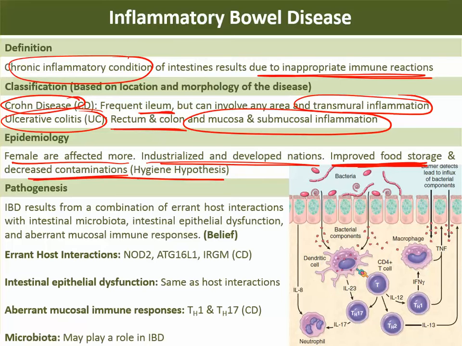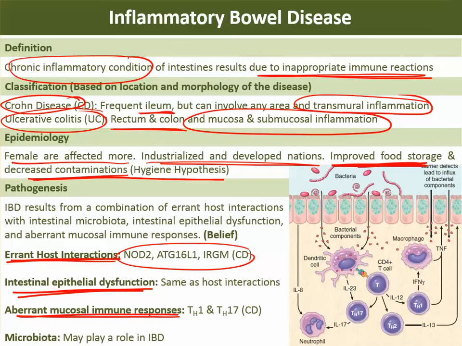Remember, actually it happens due to these four reactions. One is abnormal host interaction. These are the genes involved, and intestinal epithelial dysfunction, and aberrant mucosal immune response. Aberrant means abnormal mucosal immune response, because in the mucosa we have lymphoid tissue that will go for abnormal responses.